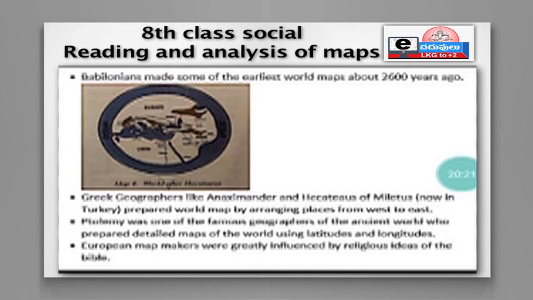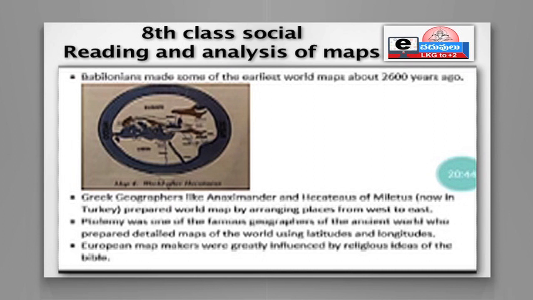But locating places on maps with the help of these two lines became easy and useful for travel and sailors who could orient the direction they traveled to their destinations. The sailors in turn helped the map makers, telling them about the places they visited.